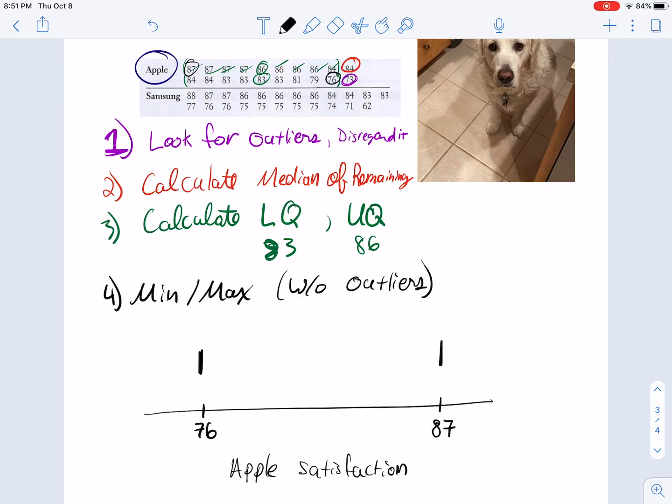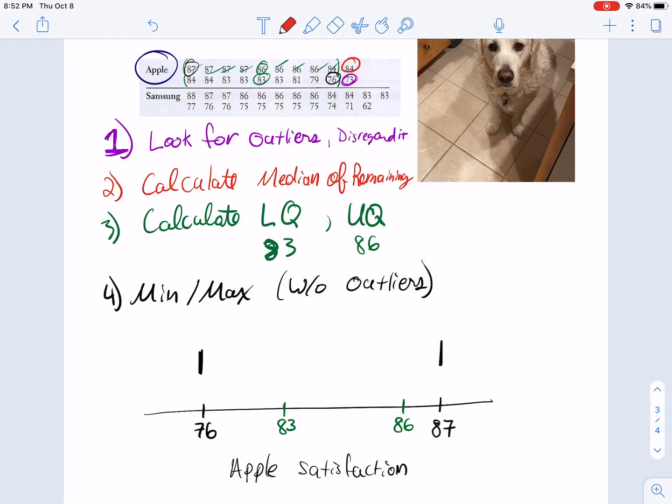Now next is we put the lower and the upper quartile. 83. 86. Now I should probably move 83 over because we're trying to draw this to scale. All right. We throw the median on there.